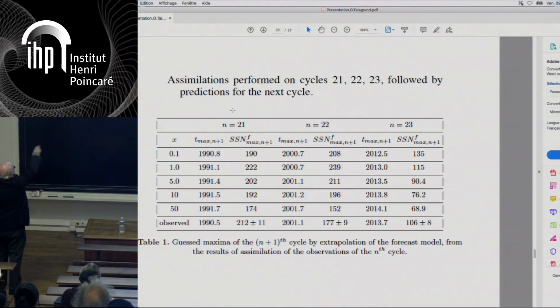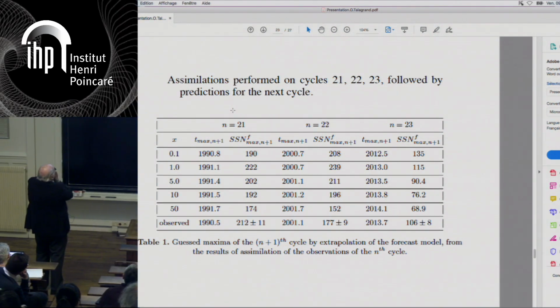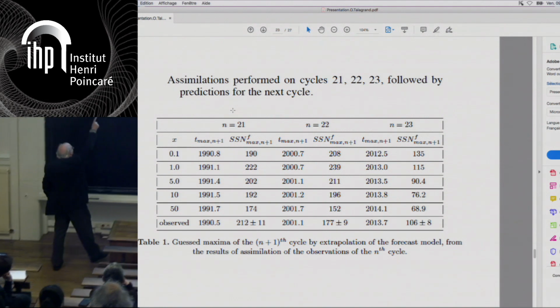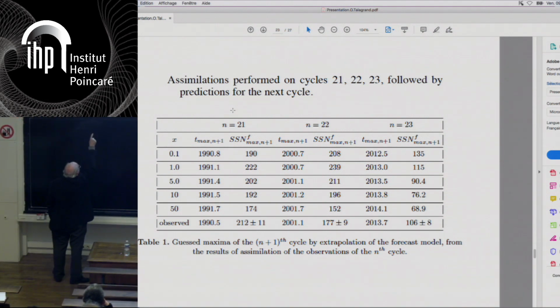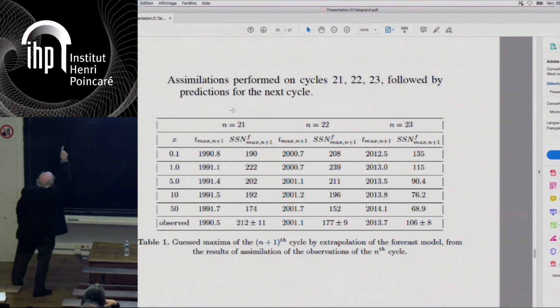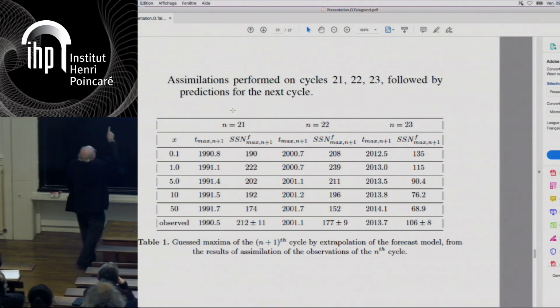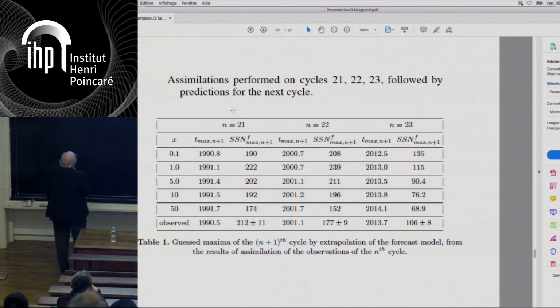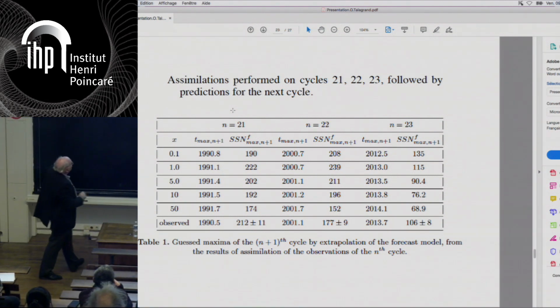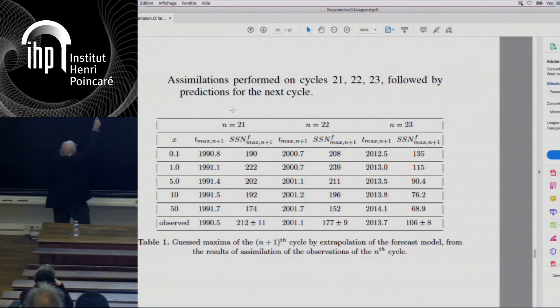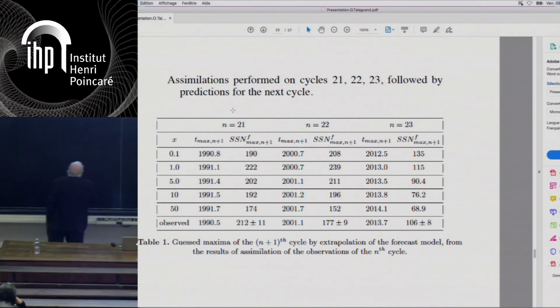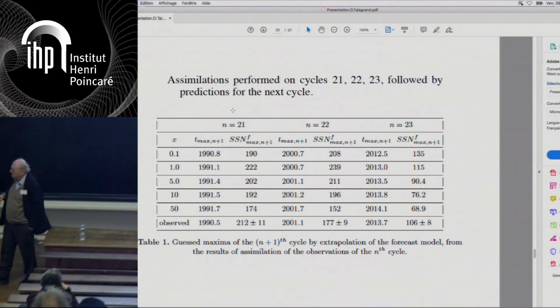In the first 2 columns, you have the results, the prediction for the time of occurrence of the maximum of a cycle and the number of sunspots. You have various results depending on the parameter x, which I don't describe. So these are forecasts for cycle 21. For cycle 22, through assimilation over 21. And so forecast from assimilation for cycle 23, and forecast for cycle 24, the last one of all.